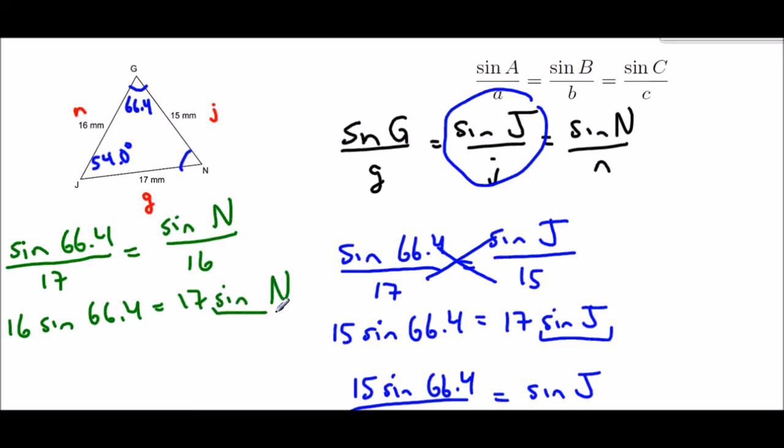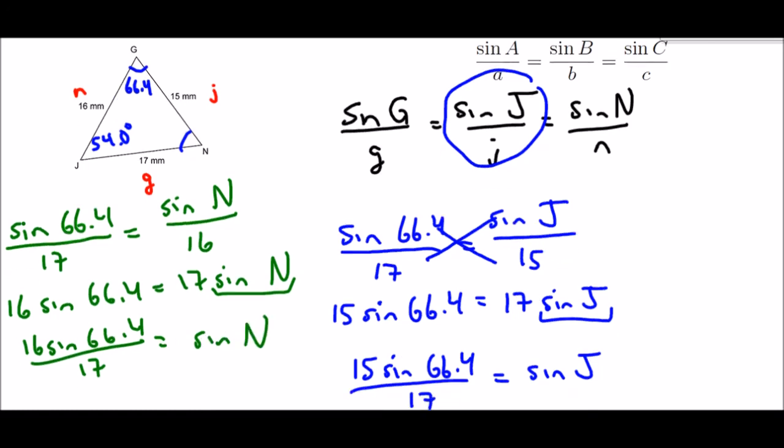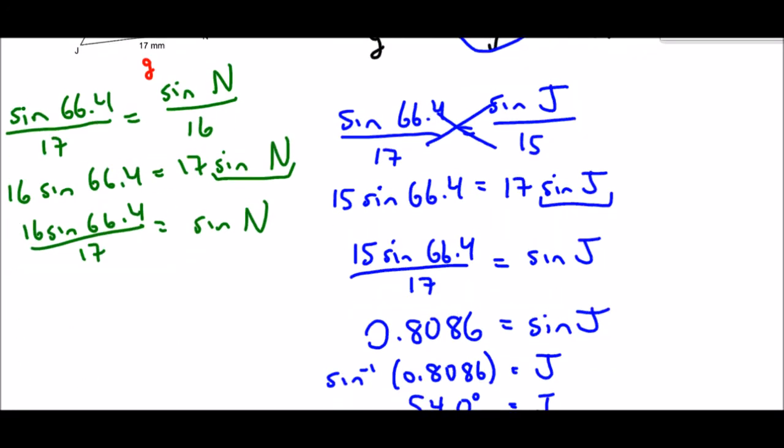And I want to isolate the trig part, so divide both sides by 17. And then I can start using my calculator. So 16 times sine 66.4 divided by 17 is sine N. So calculating that, I get a decimal of 0.8625.